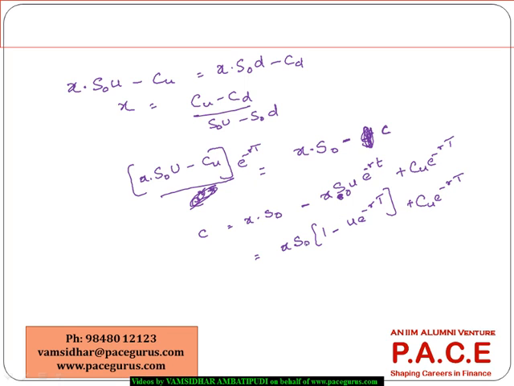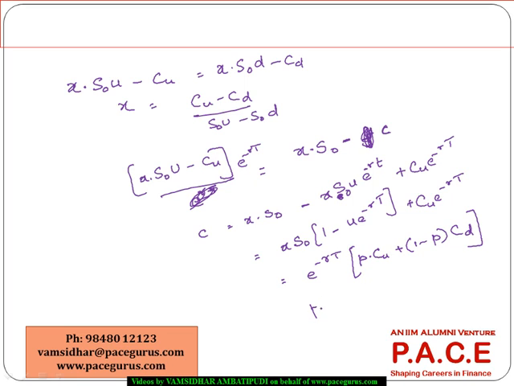Now I take out e power minus RT completely and rearrange the terms so that I can write this as some P times CU plus 1 minus P times CD, which is the downside.